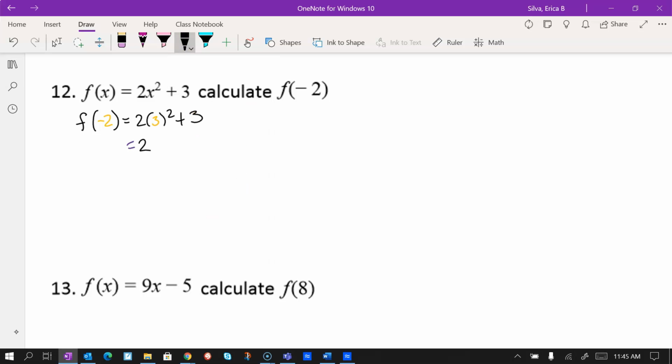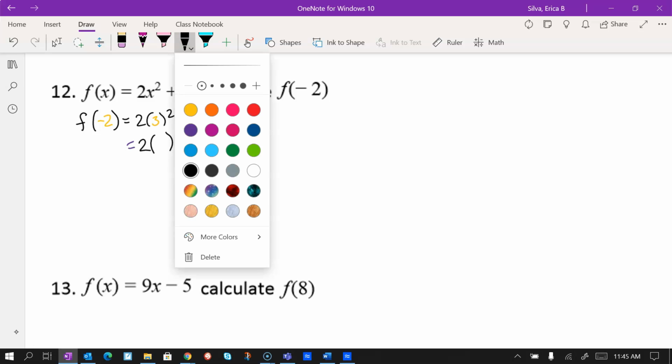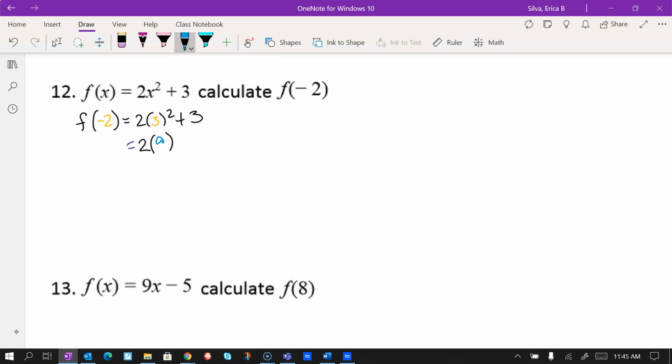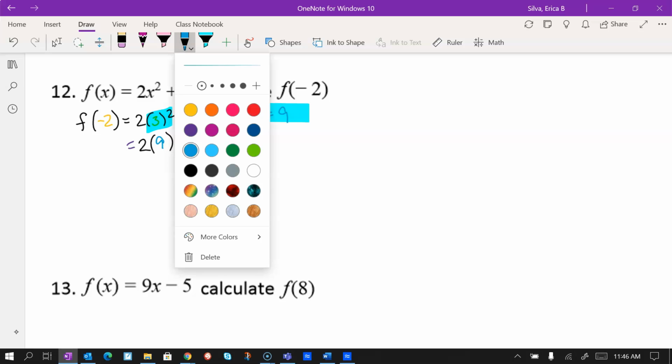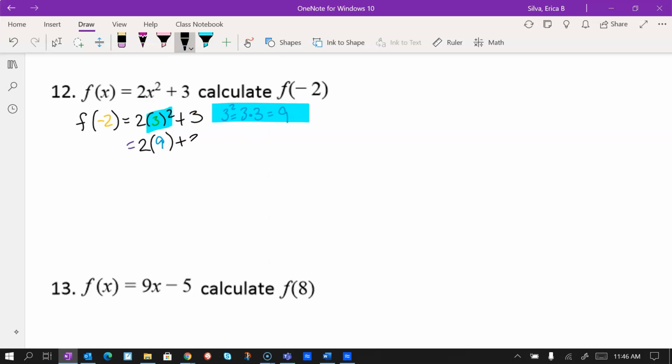So 3 squared is equal to 3 times 3, which is equal to 9. So we've got 18 plus 3. So f of -2 is equal to 21.